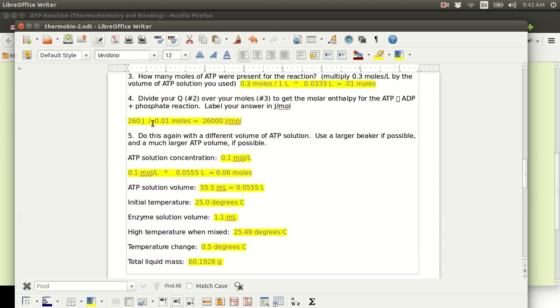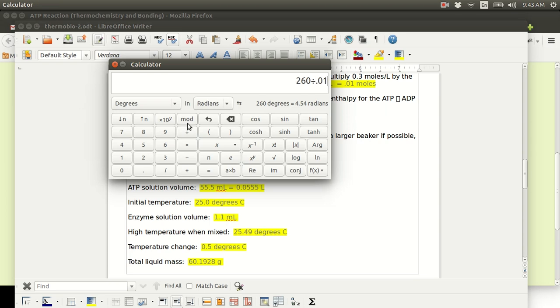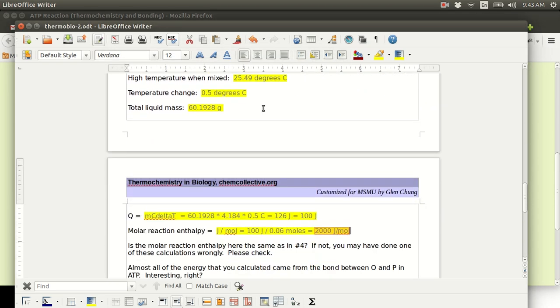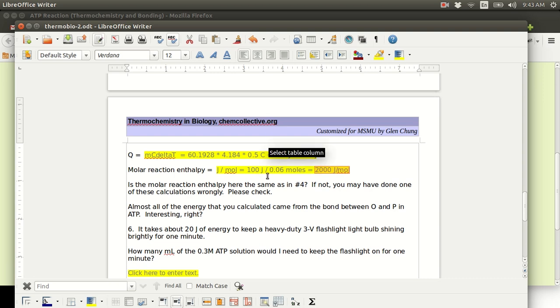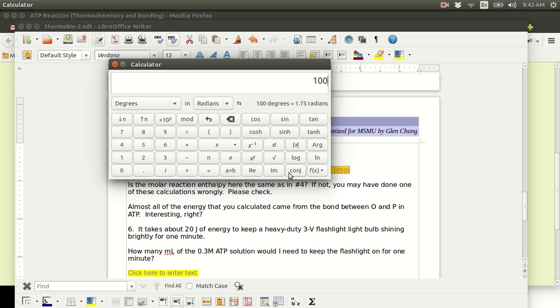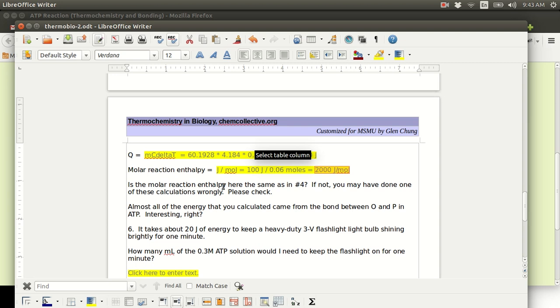Unless that was wrong. Let's see. 260 divided by 0.01. Let me try that. 260 divided by 0.01. That is 26,000. Huh. And here, 100 divided by 0.06. That is 2,000. Huh.